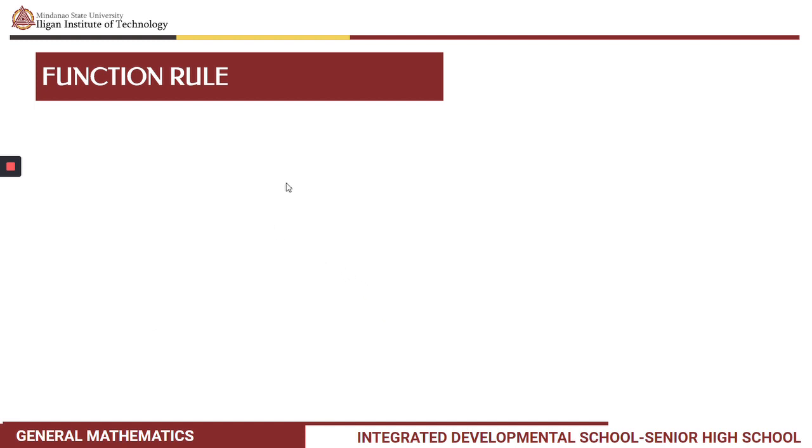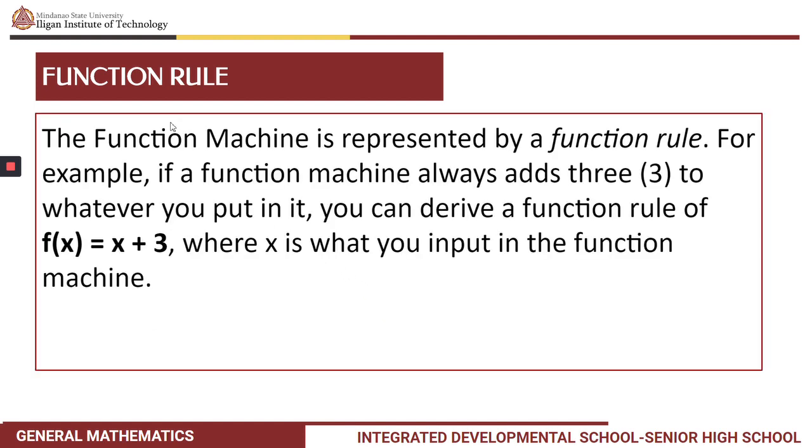So how do we make a function model? The function machine is represented by a function rule. For example, if a function machine always adds 3 to whatever you put in it, you can derive a function rule of f(x) = x + 3, where x is what you input in the function machine.